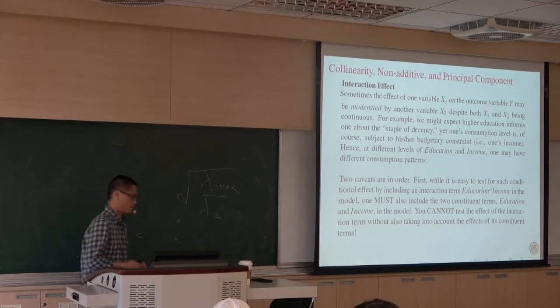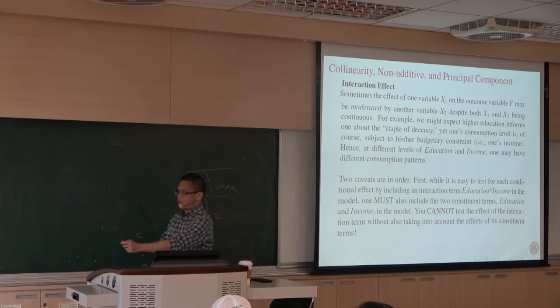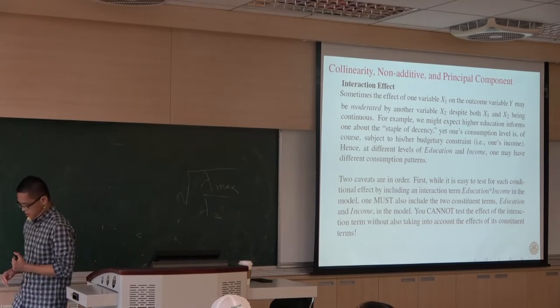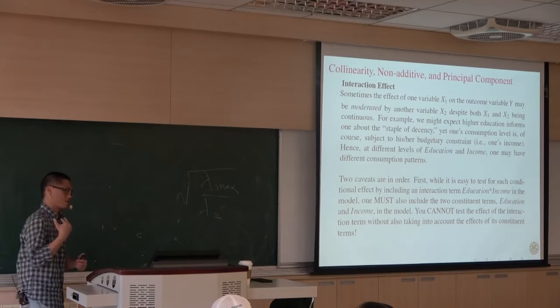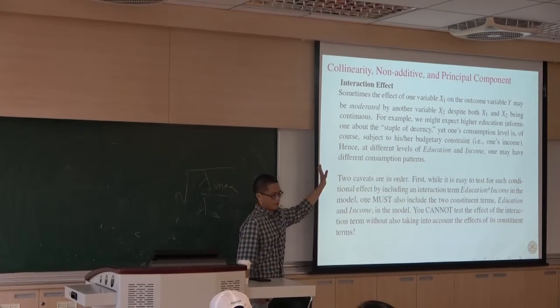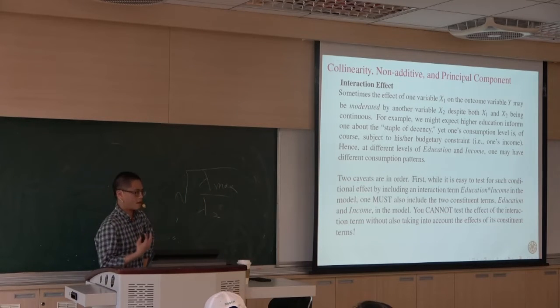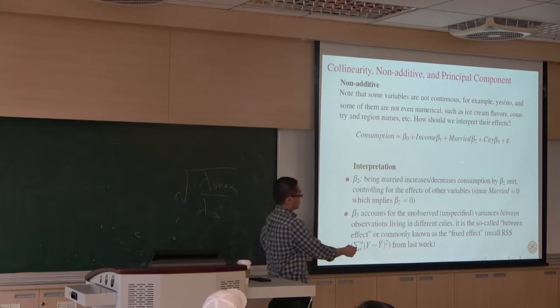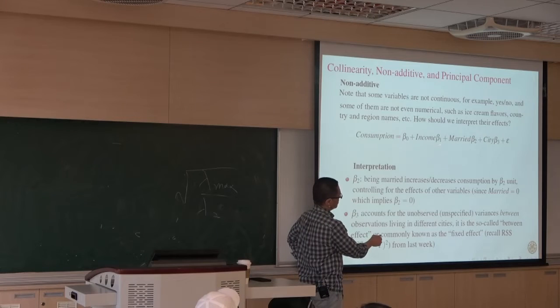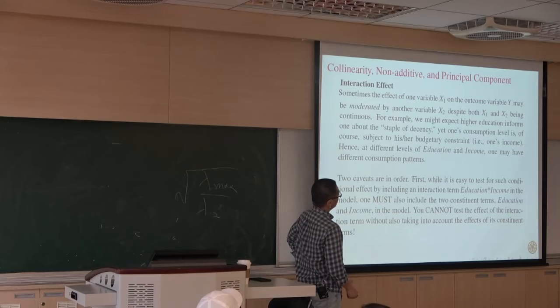Another possible violation, as well as the way to tackle it, is the violation of linearity. This is summarized under the topic of interaction effects. So let's go back to our previous example. People's consumption pattern is not just determined by, say, their income, right?